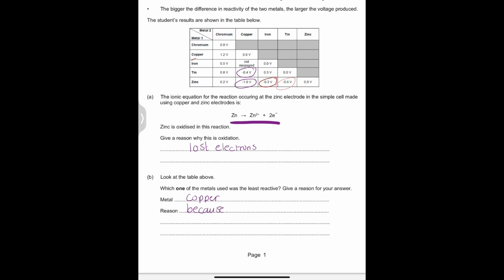Because it gave the most negative voltage when it was metal 2.